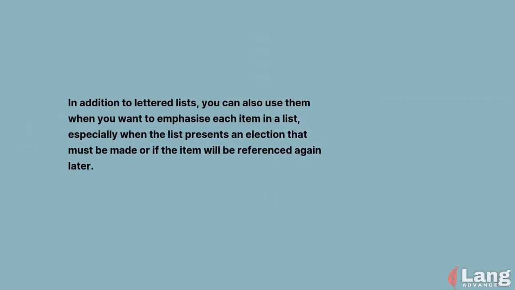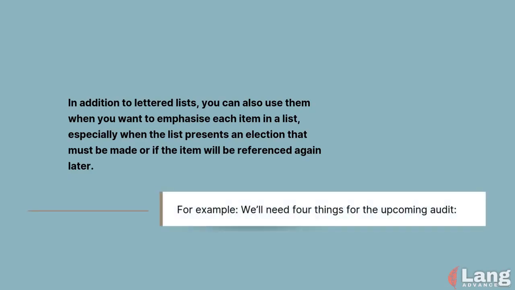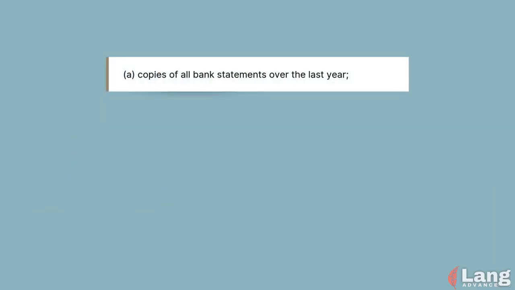In addition to numbered lists, you can also use lettered lists when you want to emphasize each item in a list, especially when the list presents a selection that must be made or if the item will be referenced again later. For example, we will need 4 things for the oncoming audit: A. Copies of all bank statements over the last year.